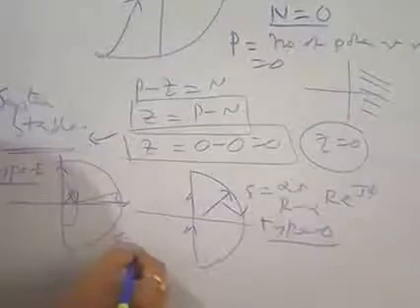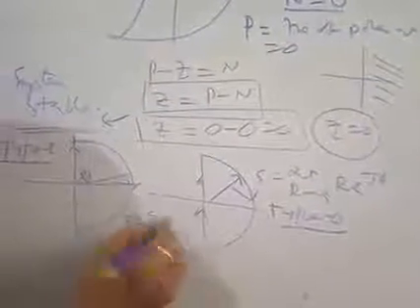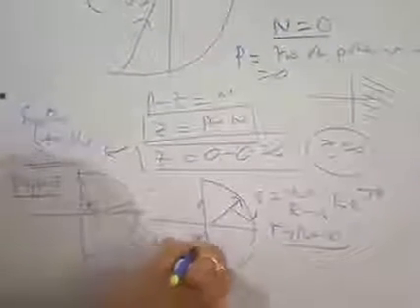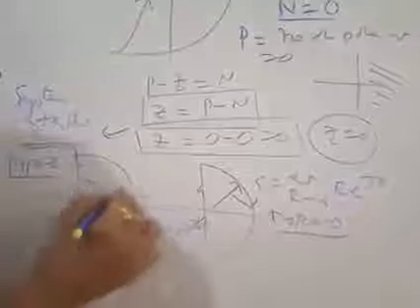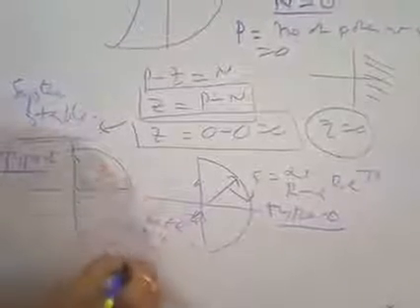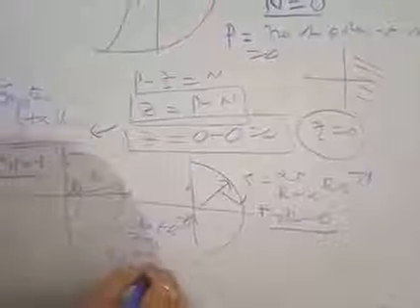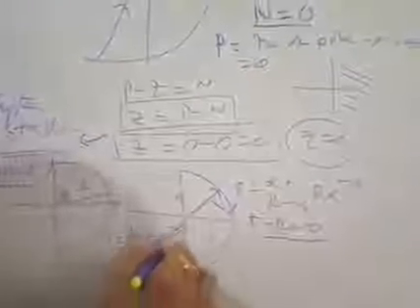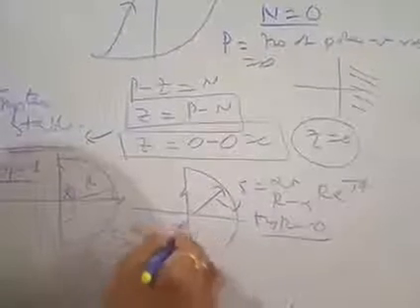Here you will have to take two values of s. One is s equal to limit epsilon tends to 0 of epsilon e to the power j theta, and similarly you have to take s equal to limit r tends to infinity of r e to the power j phi.